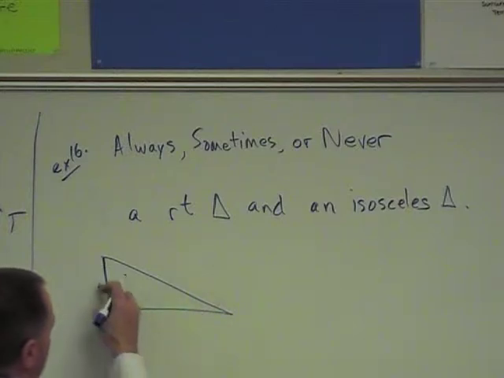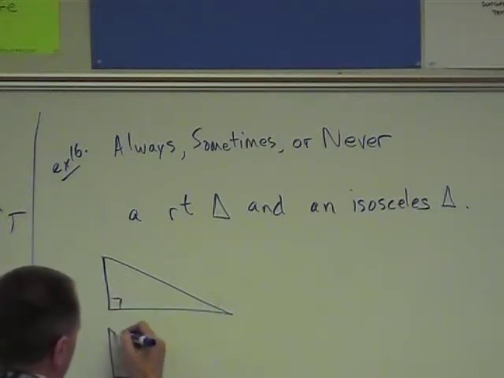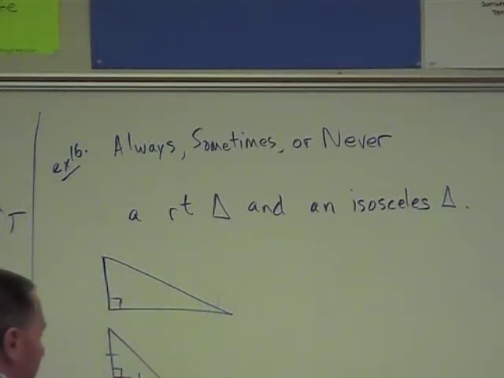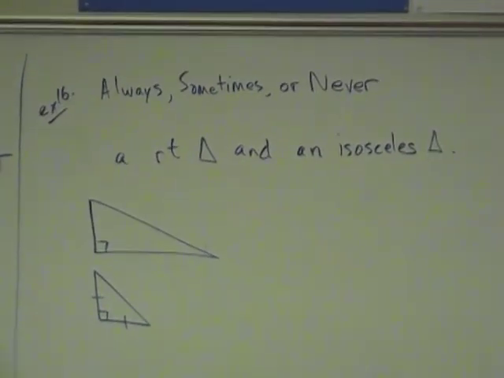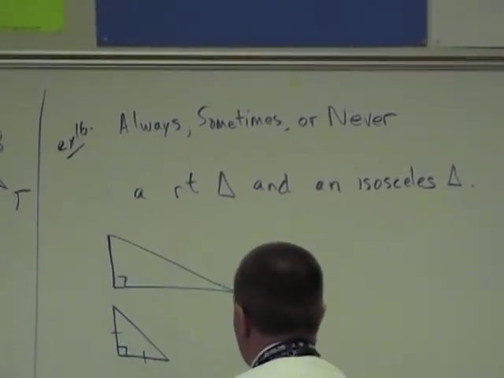Could I shorten this to be the same as that? And then isn't that an isosceles triangle? Yes. So we can have a right isosceles triangle. So that would be sometimes. They're sometimes similar.